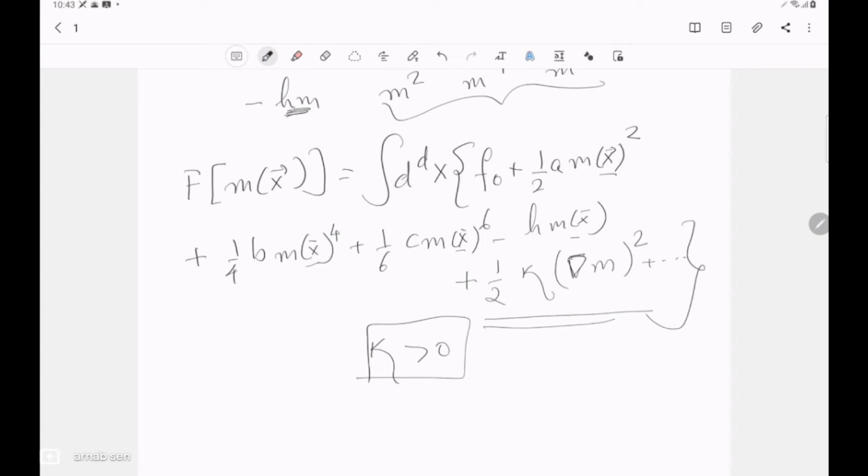I guess it tells that M is analytic near its neighbors. No, so if kappa is greater than 0, what is this term trying to do? Is it trying to keep the gradient of m as small as possible or as large as possible?